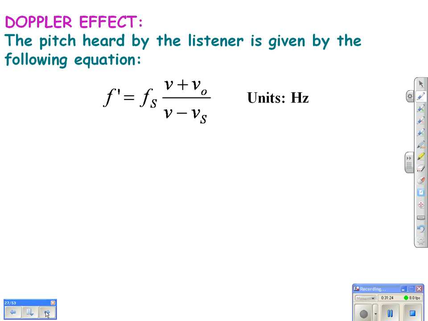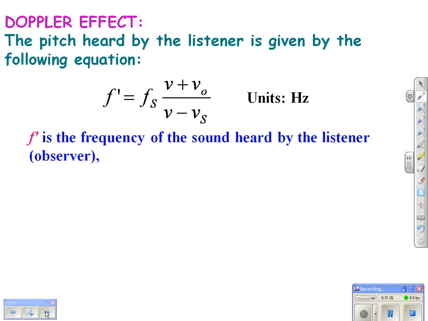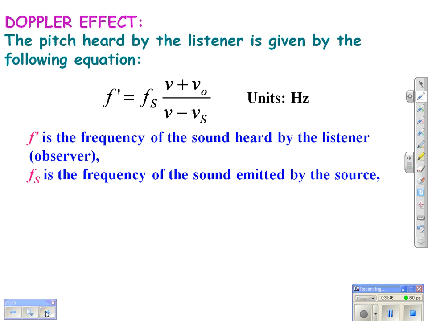A lot of letters and a lot of the same information. f' is the frequency of the listener, who's hearing the sound. f_s is the frequency of the source. So we have the listener, we have the source.